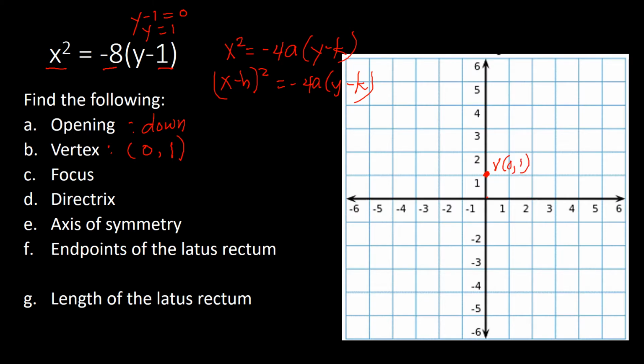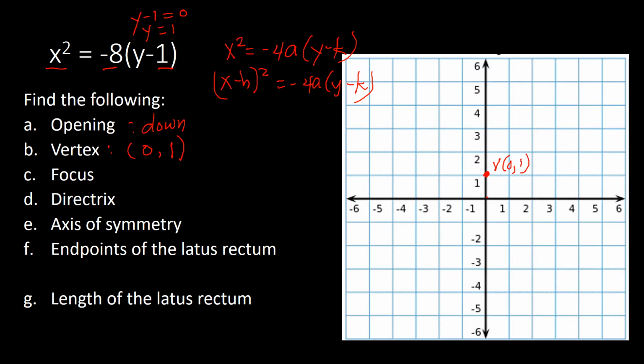Next, we are going to look for the focus. What do you think will be the focus? To find the focus, all we have to do is find our a, because again, the distance from the vertex to the focus is a. Going back to the equation, whenever you have an equation like this, our 4a is always multiplied to the non-squared variable.